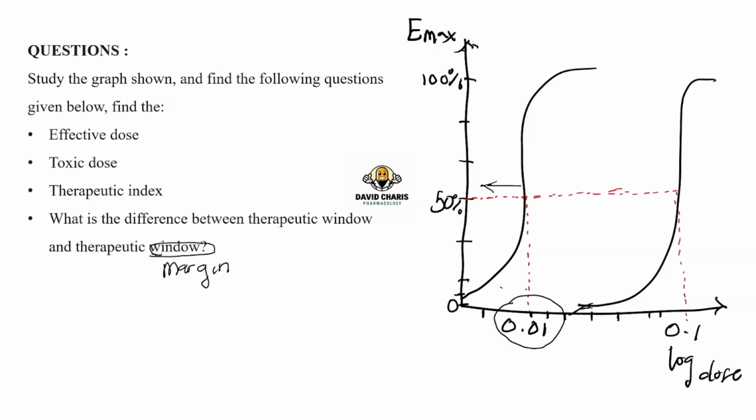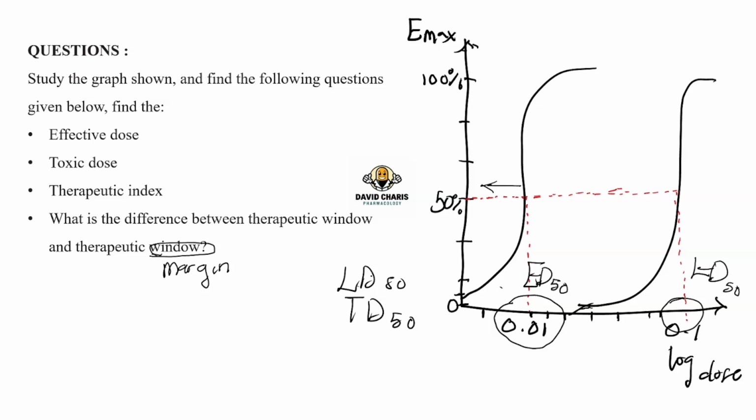That is the lower dose. This is the ED50. So I'll just put it here, ED50. The toxic dose, of course, is this. This is the LD50. Now, most times you are going to see the word LD50 and TD50. It means the same thing.